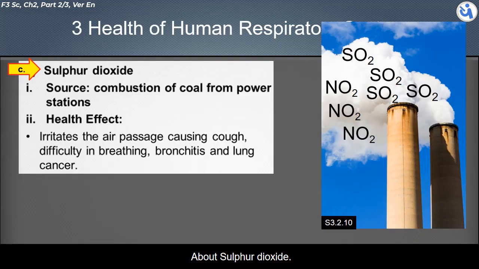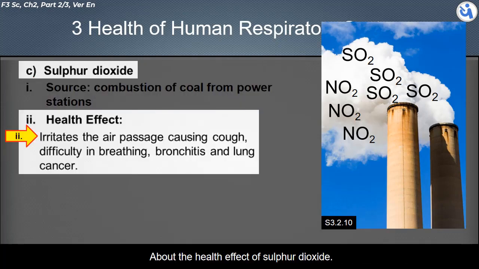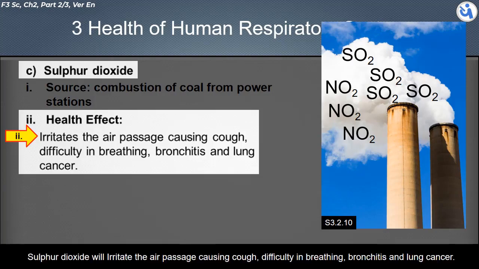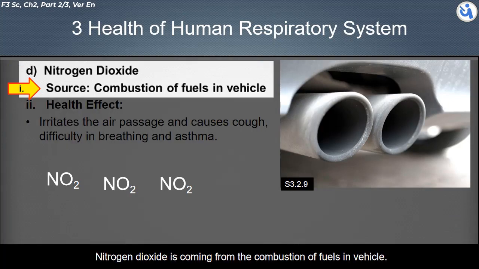About sulfur dioxide. Sulfur dioxide comes from the combustion of coal from power stations. About the health effect of sulfur dioxide: sulfur dioxide will irritate the air passage, causing cough, difficulty in breathing, bronchitis, and lung cancer. About nitrogen dioxide. Nitrogen dioxide comes from the combustion of fuels in vehicles.